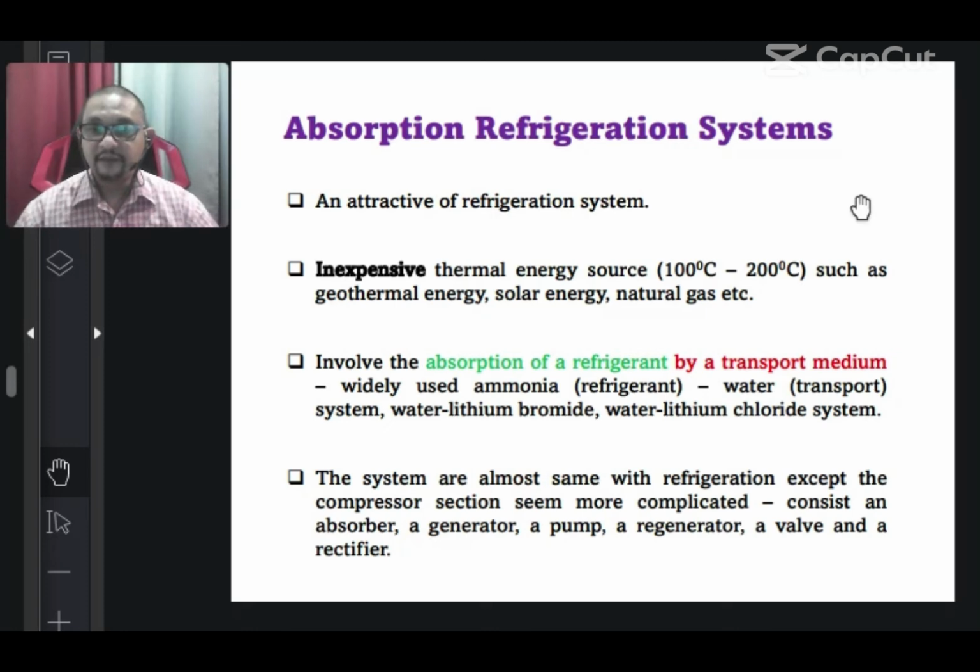So the system is almost the same as the refrigeration system, except the compressor section seems more complicated. Okay, this is a disadvantage. It consists of an absorber, a generator, a pump, a regenerator, a valve, and also a rectifier.